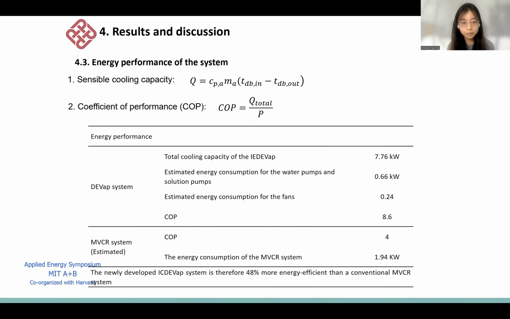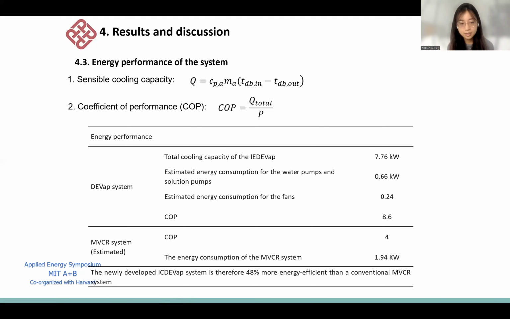Third is the energy performance of the system. For the DEV AP system, the total cooling capacity can be achieved at 7.76 kilowatts, and the energy consumption is estimated to be 0.9 kilowatts. The COP is 8.6.